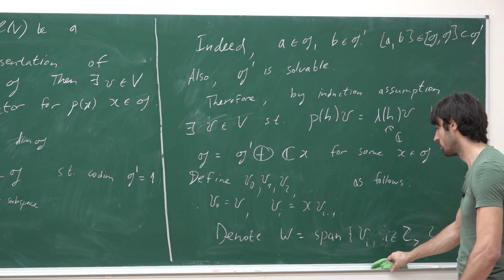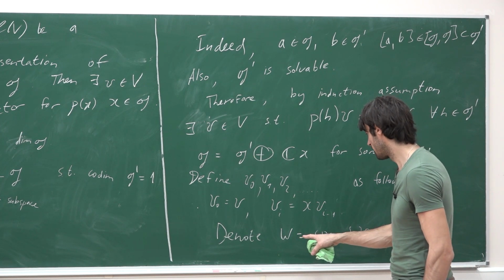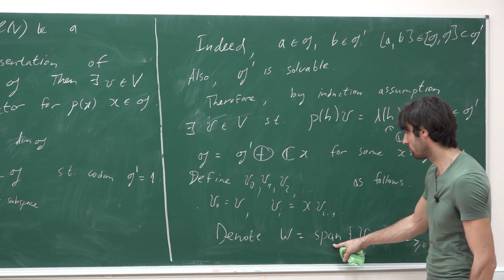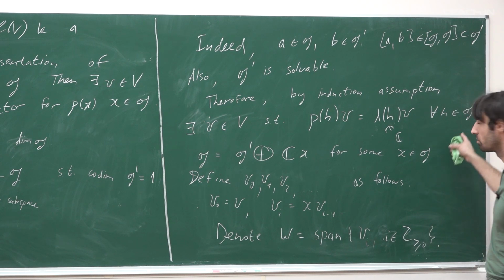So our goal is to prove that every vector in W is an eigenvector of G prime.